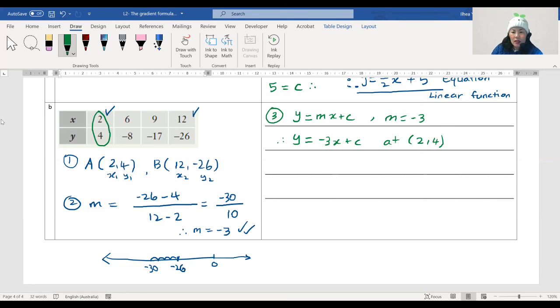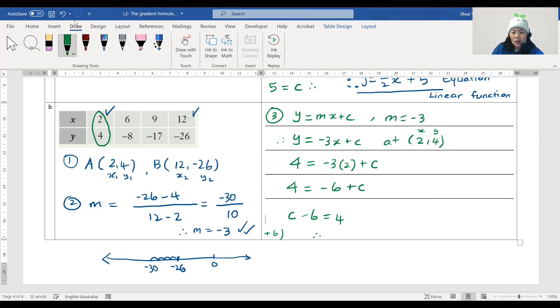You don't have to deal with the negative. That's my x, that's my y. So it's 4 equals minus 3 times 2 plus c. This is to find c. So 4 equals minus 6 plus c. I'm going to move this like that. It's exactly the same, I've just swapped. Then I'm going to do plus 6 and plus 6. So c equals 10.